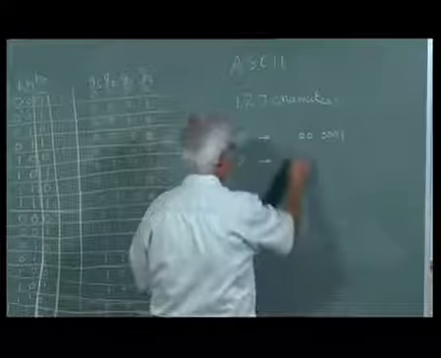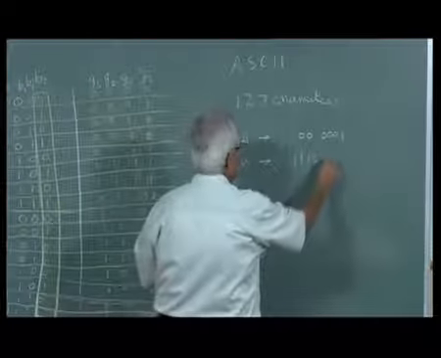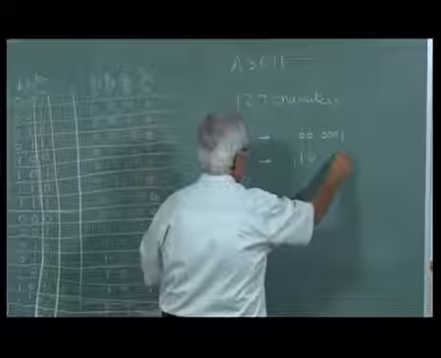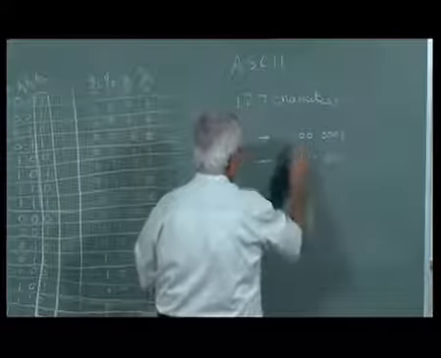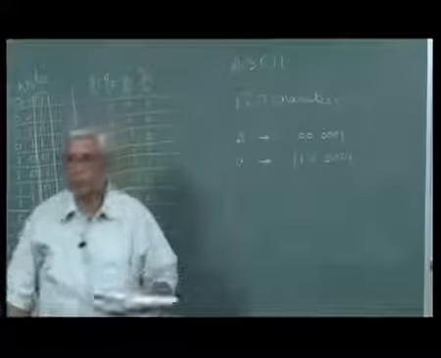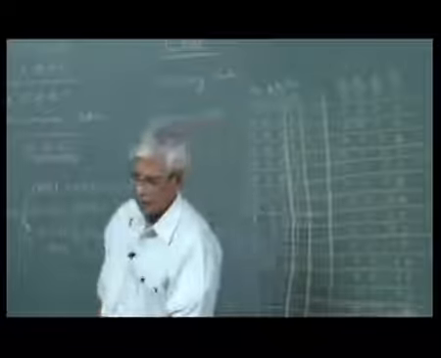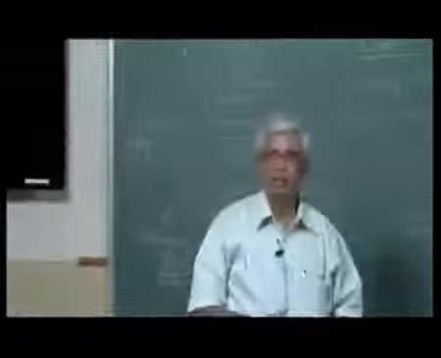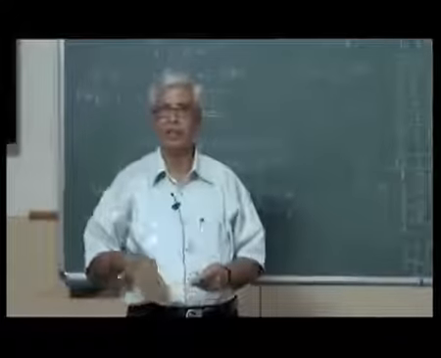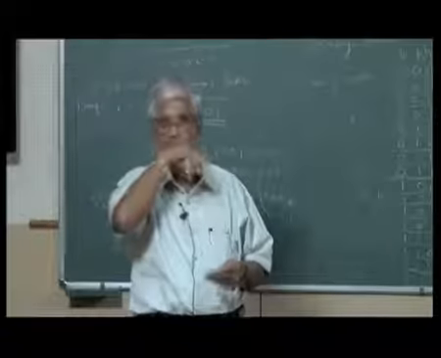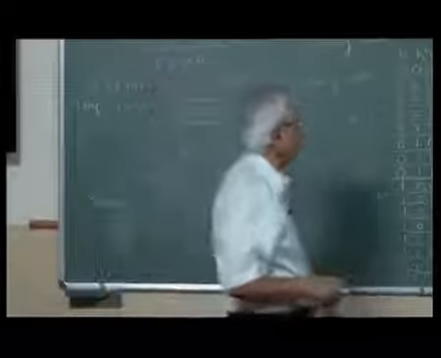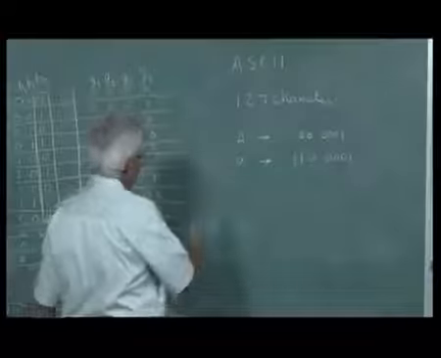Small a is 110 0001. There is only a 1 bit difference. Then numerals, then special symbols, then all these things you find in the keyboard. Now the 8th bit is used as a parity bit.